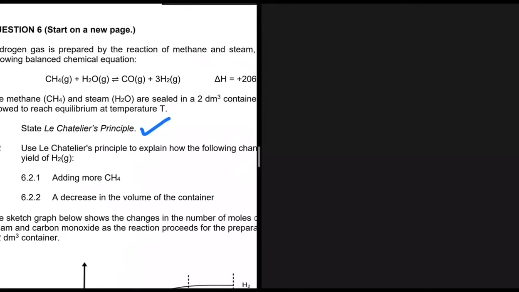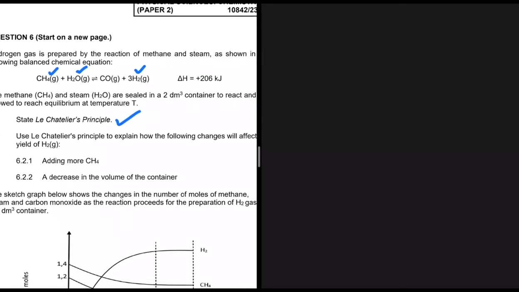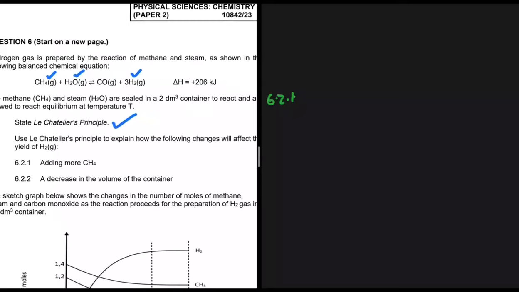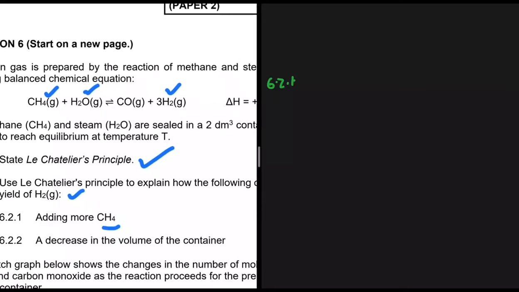We can clearly see that we have methane and H2O, forming hydrogen gas and carbon monoxide. The question is 6.2.1: how will the following changes affect the yield of hydrogen gas? Adding more methane. In our reaction, you can clearly see that CH4 is one of the reactants.